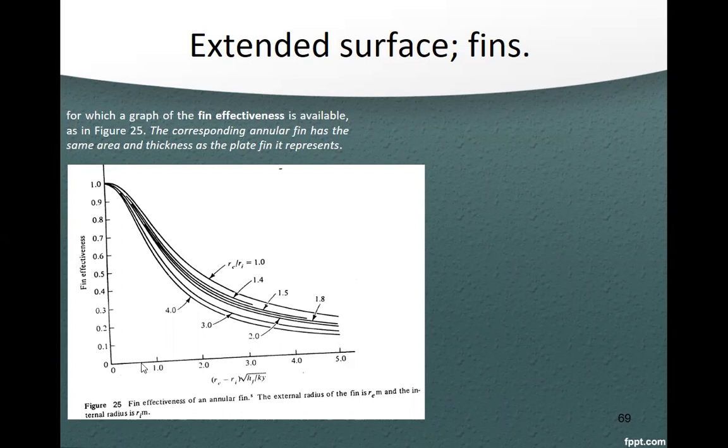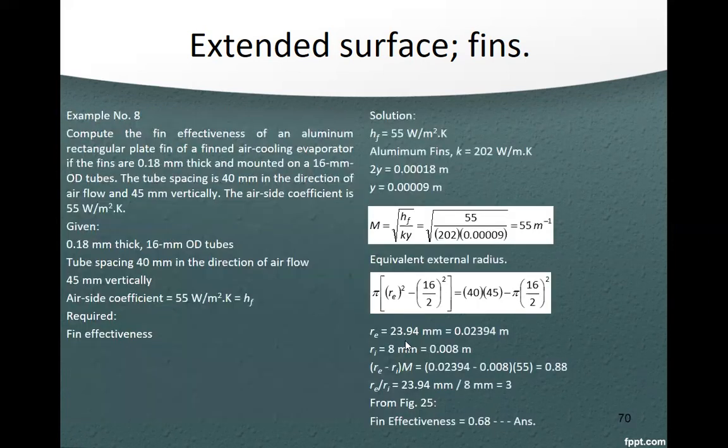So guhit-guhitan nyo siya ng 10 divisions, tapos hanapin mo yung ratio na 3. So ito. Hanapin mo yung katapat niya dyan, tapos ito yata, 0.60. Yan. So, gano'n. Gawin ka ng line, tapos pagdating sa curve, gawin ka doon. So, this is now your value, 0.68. Answer. Okay?